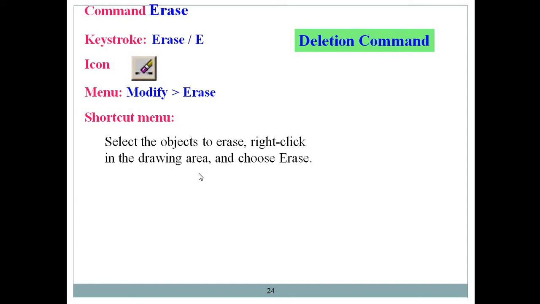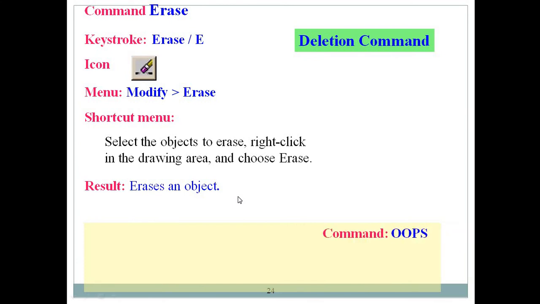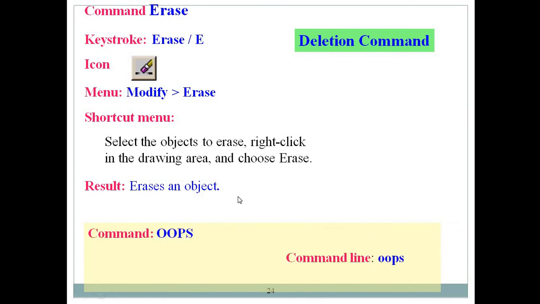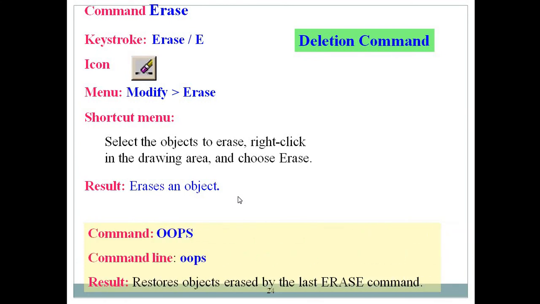This is the shortcut menu of the erase command. The result is that it erases the object. Then the command OOPS is useful for restoring objects erased by the erase command. That command is OOPS.